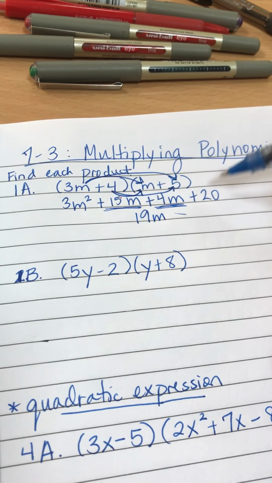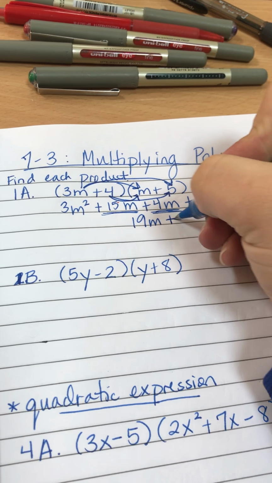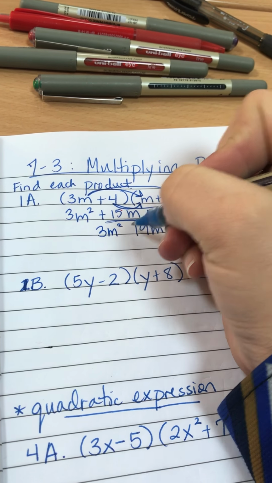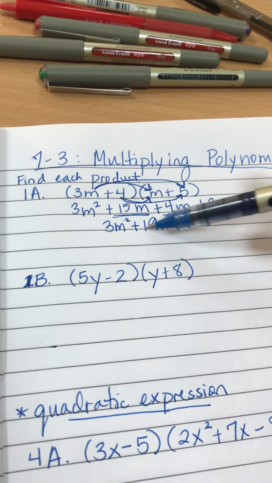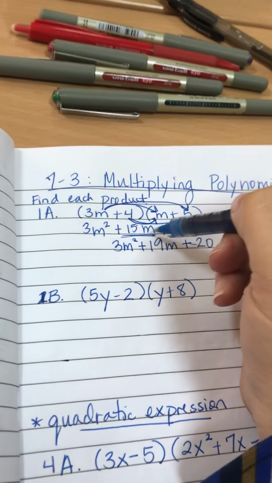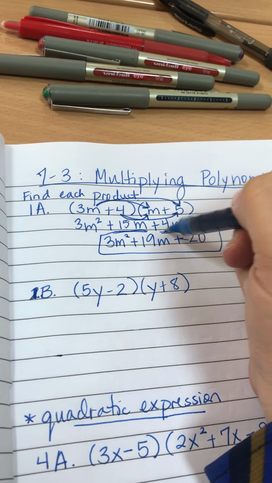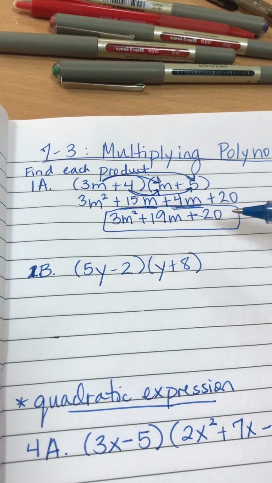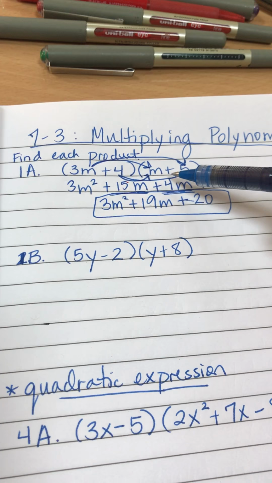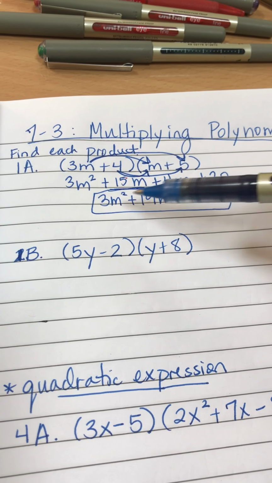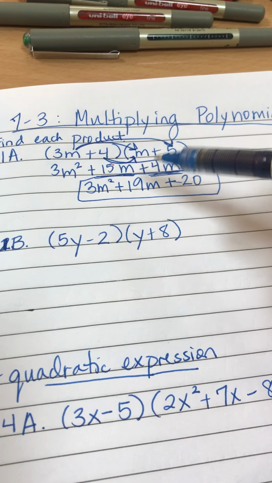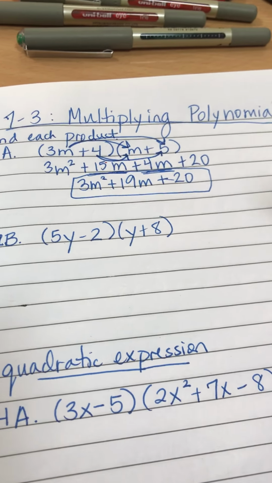The 3m squared and the 20 don't have any like terms, so I'm going to put them at the beginning and the end. Remember that since this is a positive 19, I put a plus sign. Okay, so my final answer here after I multiplied is 3m squared plus 19m plus 20. And that's the product of a binomial times a binomial. Notice it's a trinomial. Most of the time, if you do binomial and binomial, you're going to get a trinomial.